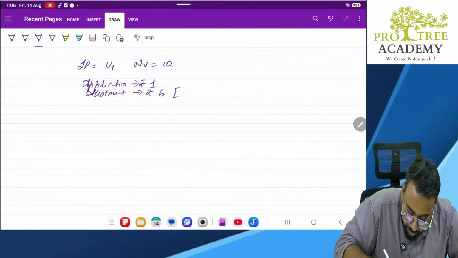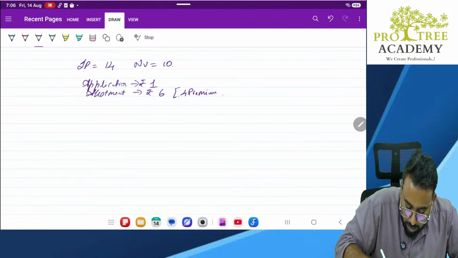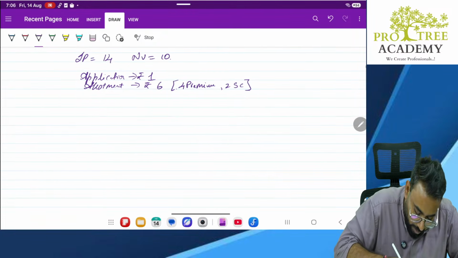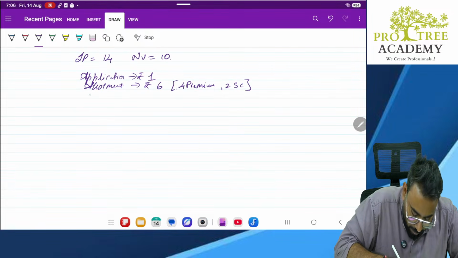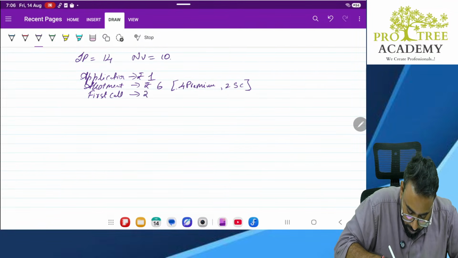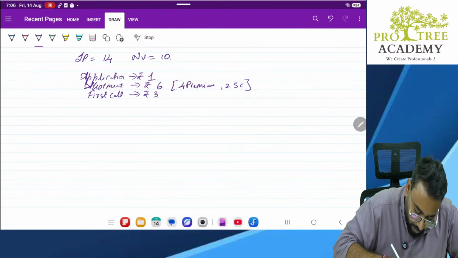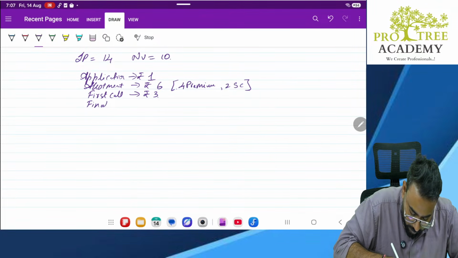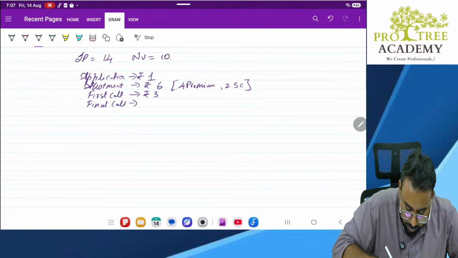In this 6, ₹4 is premium and ₹2 is towards capital. Next, first call: 3. Final call: 1 plus 6, 7. 7 plus 3, 10. So remaining 4.